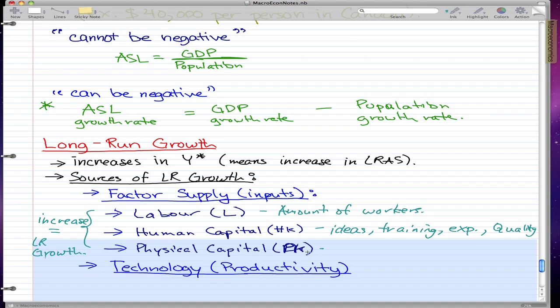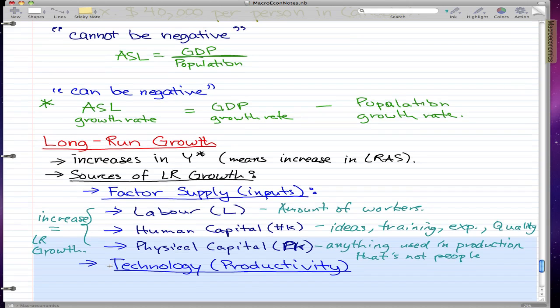And physical capital, pretty much physical capital is anything used in production but is not people. So I guess machines could be physical capital, and that's pretty much it.